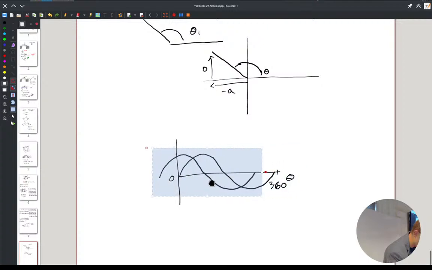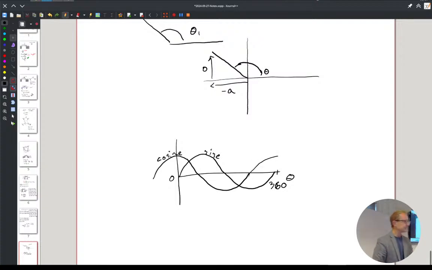Or wait, shifted over this way. There we go. Sine and cosine are just sine theta plus pi over 2.